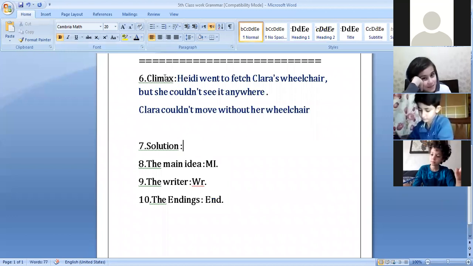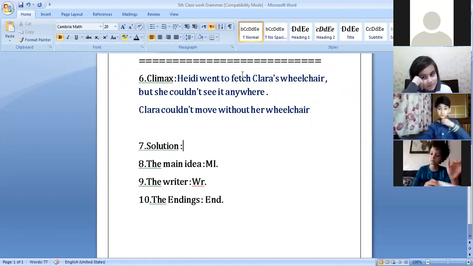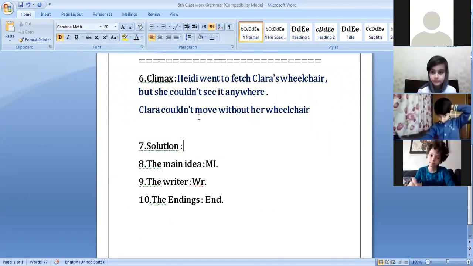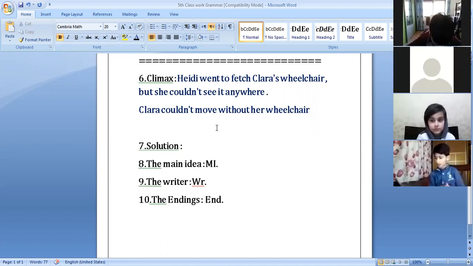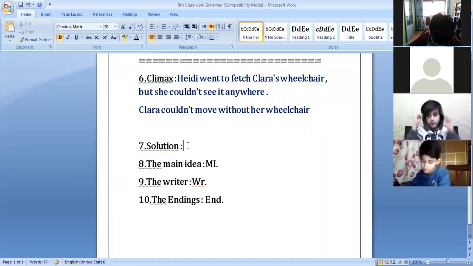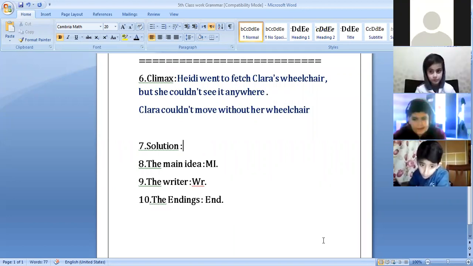Based on number 6, climax, Heidi went to fetch Clara's wheelchair, Clara couldn't move without her wheelchair, you will understand what the solution is. Your solution will be inferential. So what do you think the solution is?